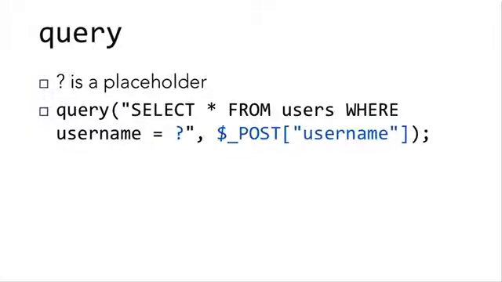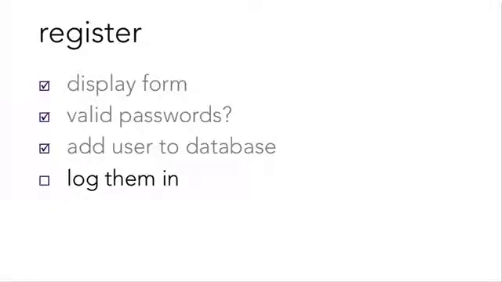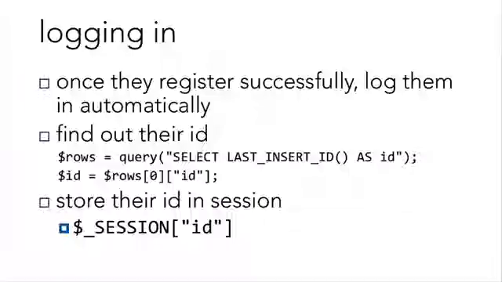Question mark, you can have as many as you'd like as long as you have the same number of variables passed in after that string. So finally, once we insert the user and update that user in our database, then we can log them in. We want to log them in automatically. So just as soon as you insert them in, you can check for their user ID by executing the following query: SELECT LAST_INSERT_ID() AS id.